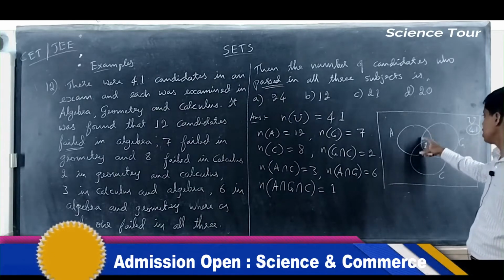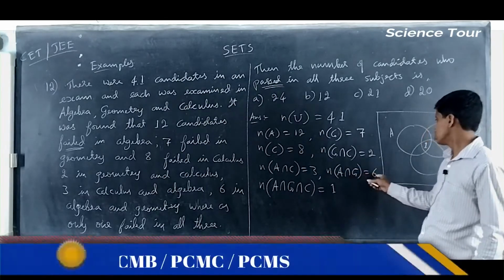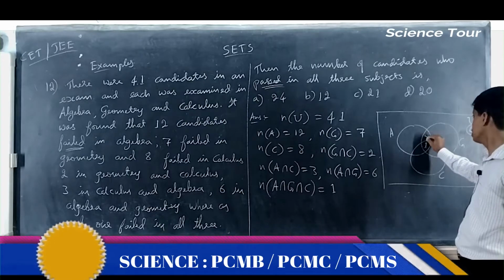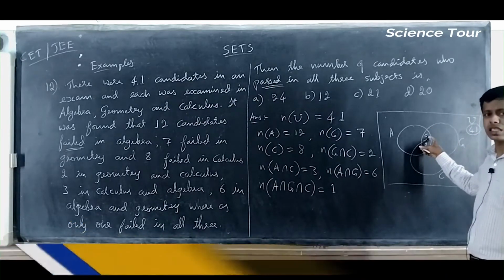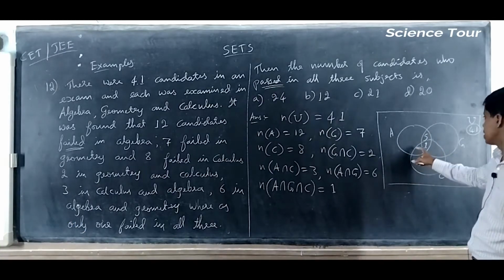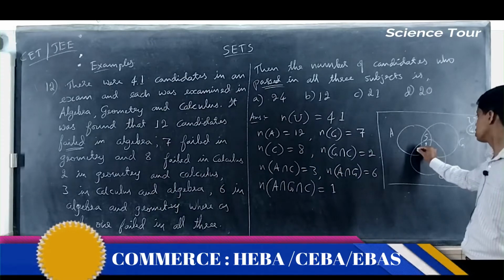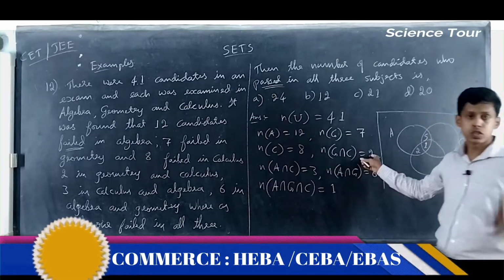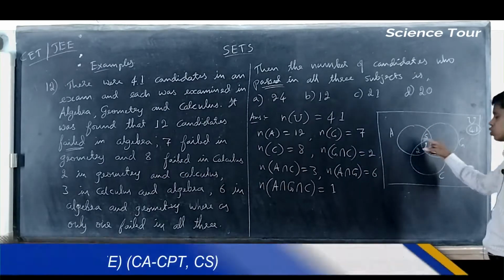Then A intersection G is totally 6, but you have written 1 here already, so write 5. This total region is 6, only this region is 5. Then A intersection C is 3 but 1 is here, so write 2 here. And G intersection C is 2, so write 1 here. This total region is 2.